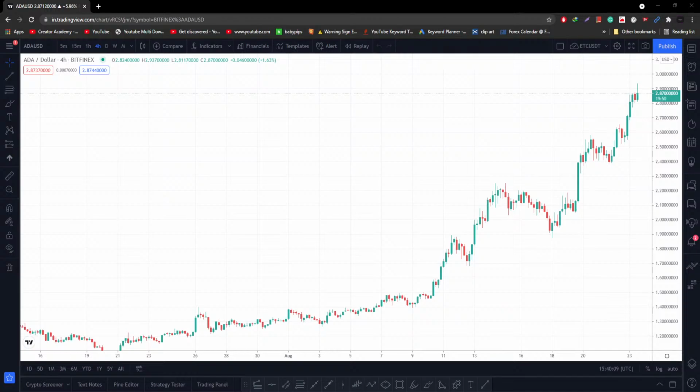All right, my friends, this is in front of you. This is ADA, as the price has been taken from the Bitfinex.